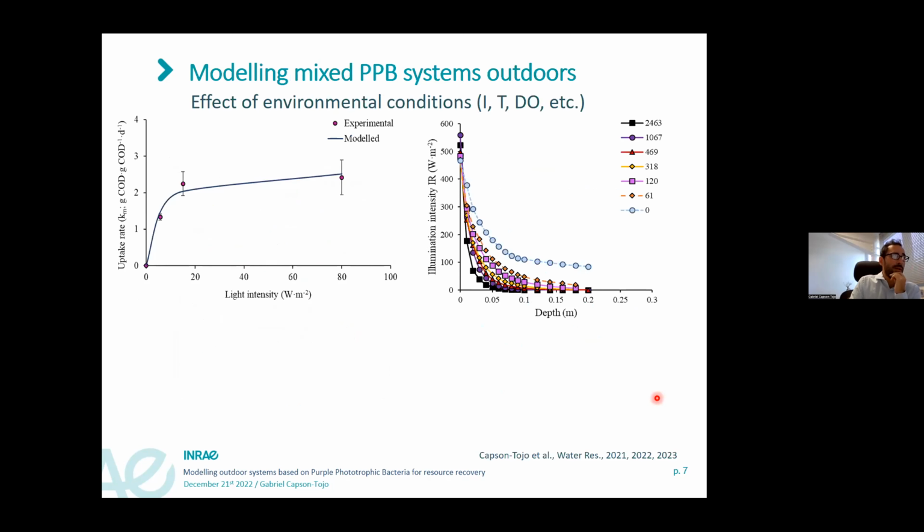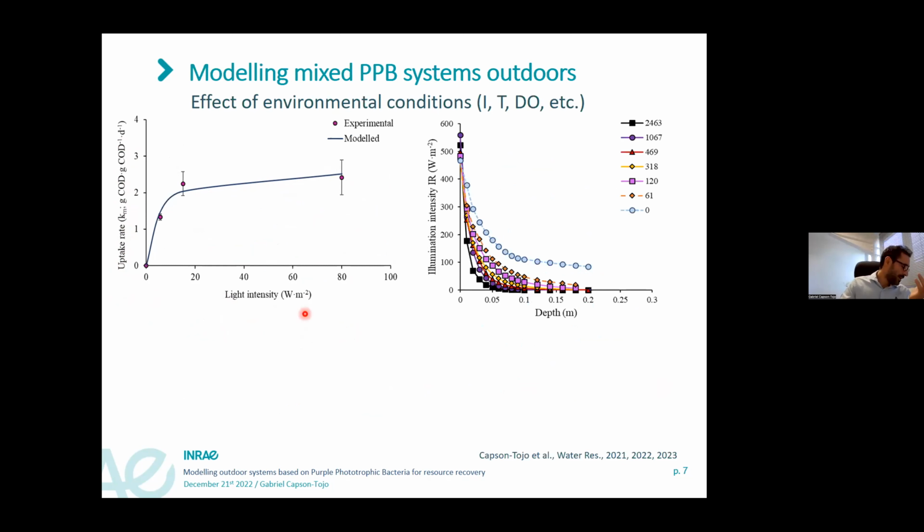So we started doing experiments because we barely had any data at the moment. And the first thing that we did, in a very similar way to what Borja described before, was determine the uptake rates at different light intensities, which is what you've got here. And we used a model to do that too, very similar to what Borja described.